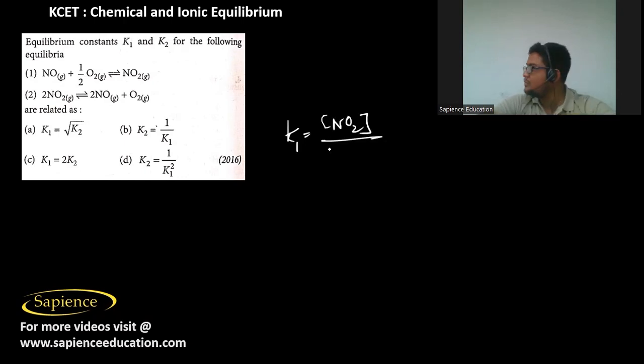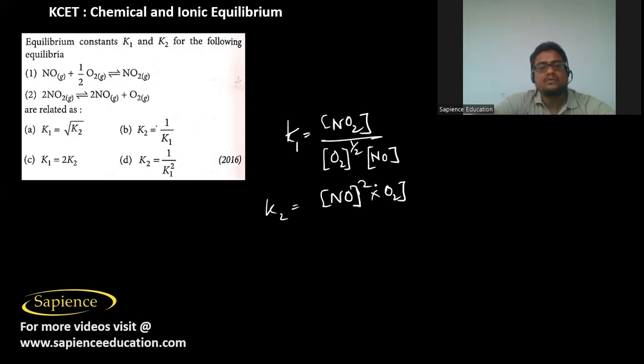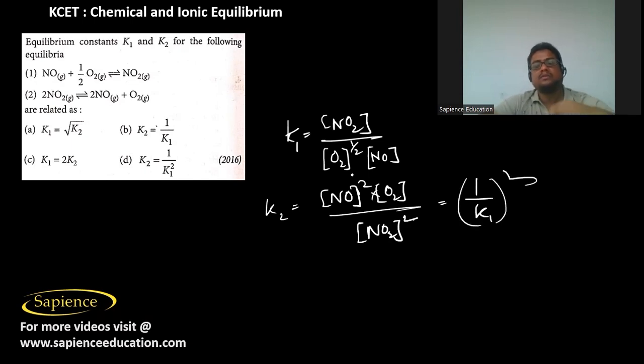Then here it is told equilibrium constants K1 and K2 for the following equilibria are related as. So in the first one, the equilibrium constant K1 will be equal to the concentration of NO2 divided by the concentration of O2 raised to half into concentration of NO. Now K2 is equal to concentration of NO whole square into concentration of O2 divided by concentration of NO2 whole square, which is nothing but 1 by K1 whole square.